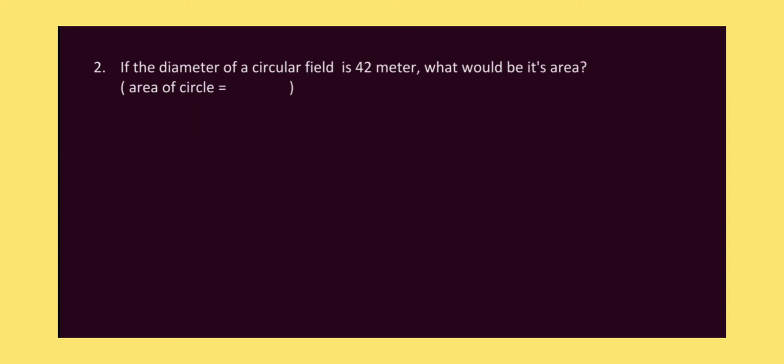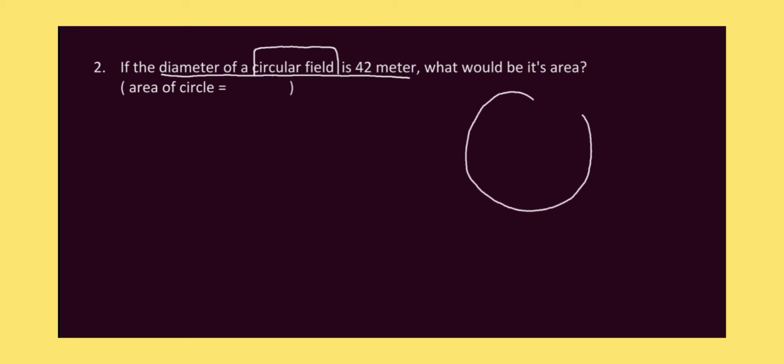Let us move to the second question. Here, the diameter of a circular field is 42 meter. Now the field is circular, so pay attention to the shape of the field. They are telling me the diameter of this circle. This is the center, and a line passing through the center is the diameter. So it is 42 meters.